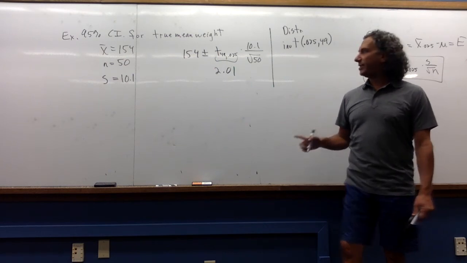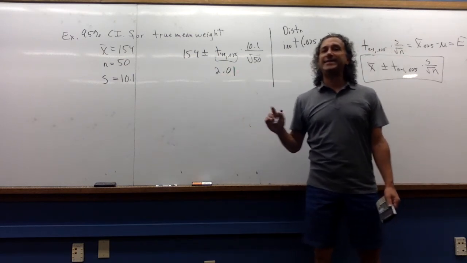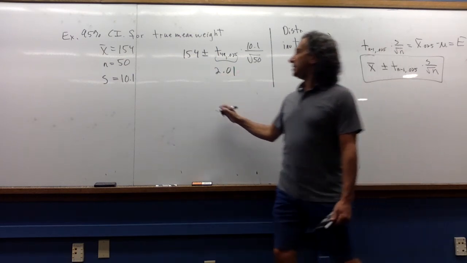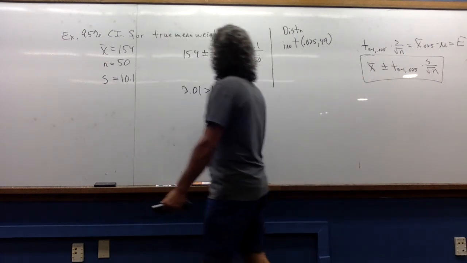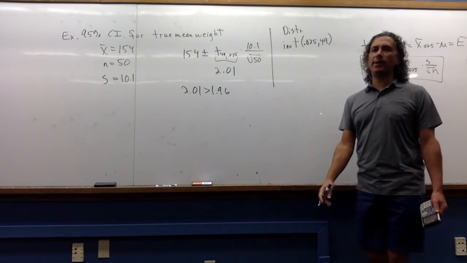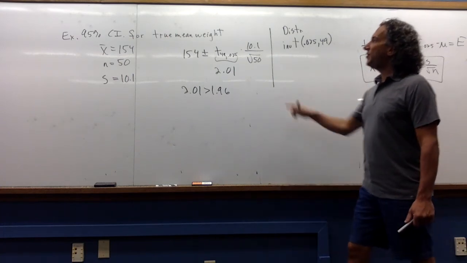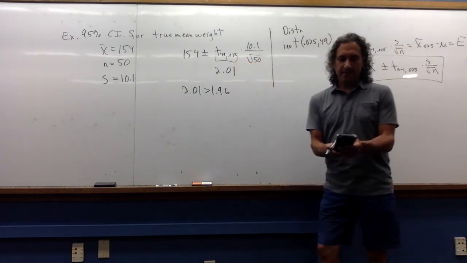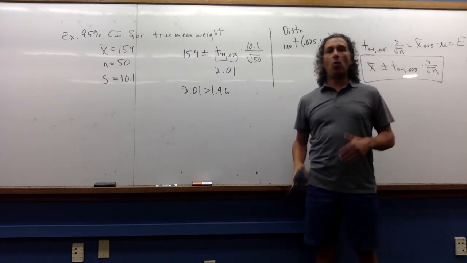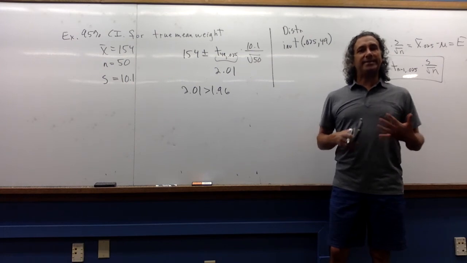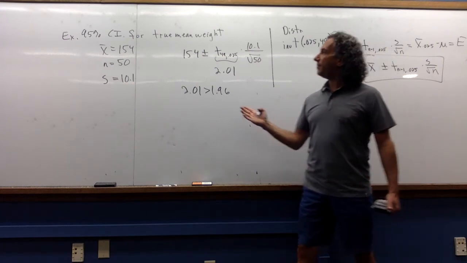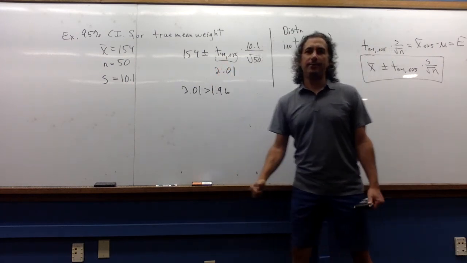Let me point out that before we got 1.96. So a couple of points. First off, 2.01 is bigger than 1.96 when we did the example where we assumed sigma. So this interval is going to be wider than if we knew sigma. That makes sense to me because there's more variability going on here.